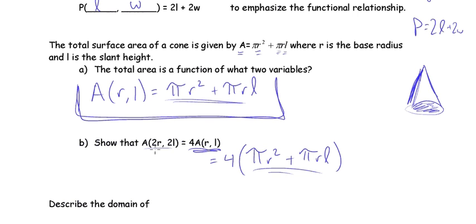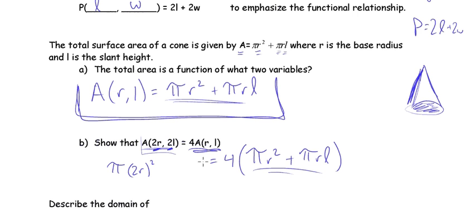Now on the left, we're doing something that should be familiar, but I just want to be careful about it. We're evaluating the function, but plugging in 2R instead of R, and 2L instead of L. That's going to be the R and L values for this function right here. So we've got pi times R squared, but instead of R, we're plugging in 2R.